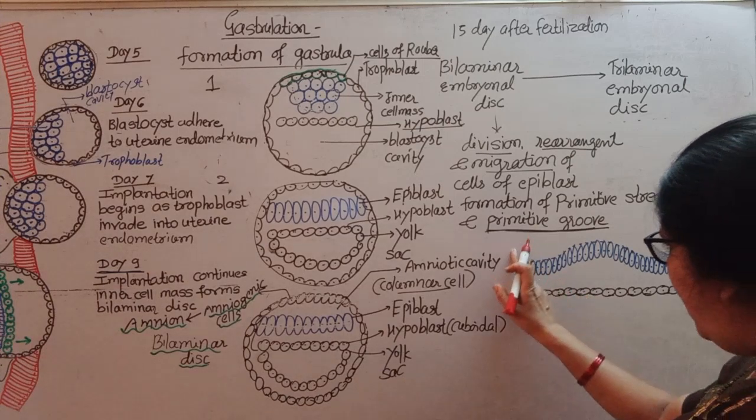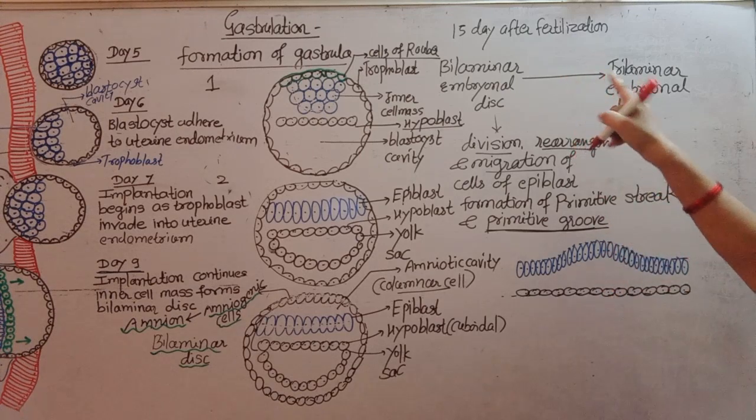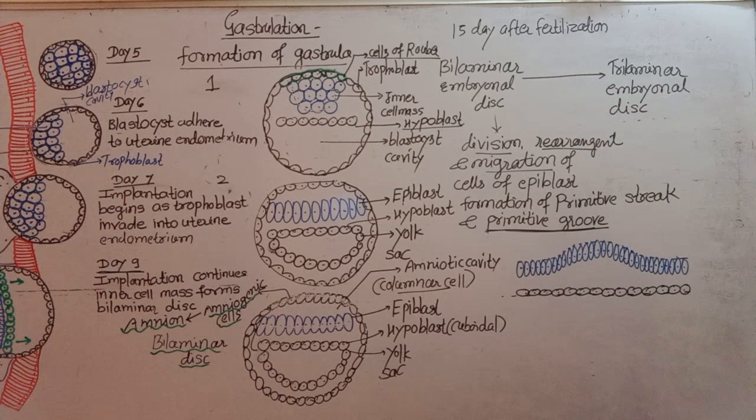This bilaminar embryonal disc will transform into trilaminar embryonal disc about 15 days after fertilization.